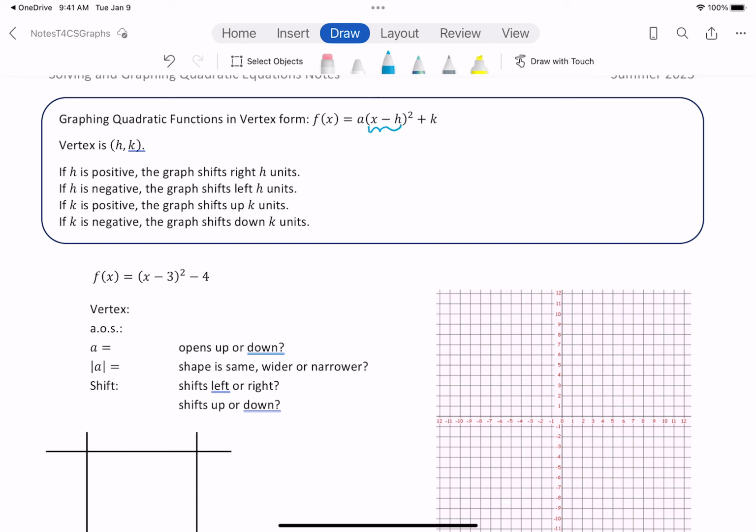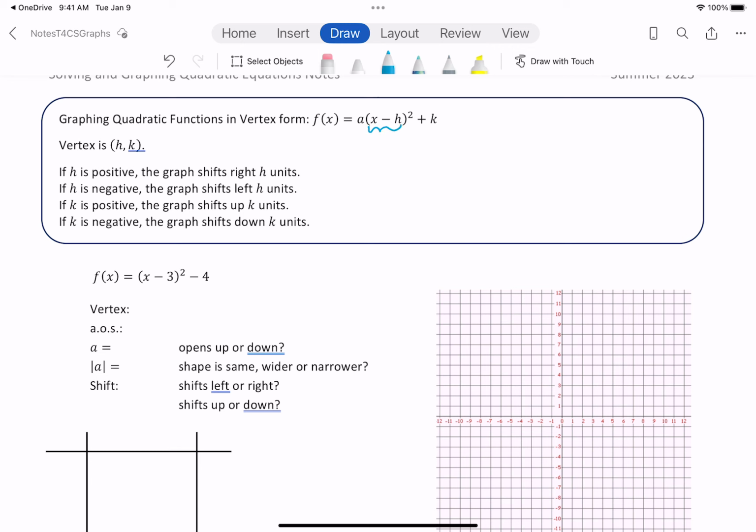So that's where we're getting that from. And then if I were to plug that back in, if I put h in the place of that x, then you notice h minus h is 0. So 0 squared is 0, and 0 times a is 0, and that leaves me with nothing but k. So that says y equals k. So that's where it comes from.